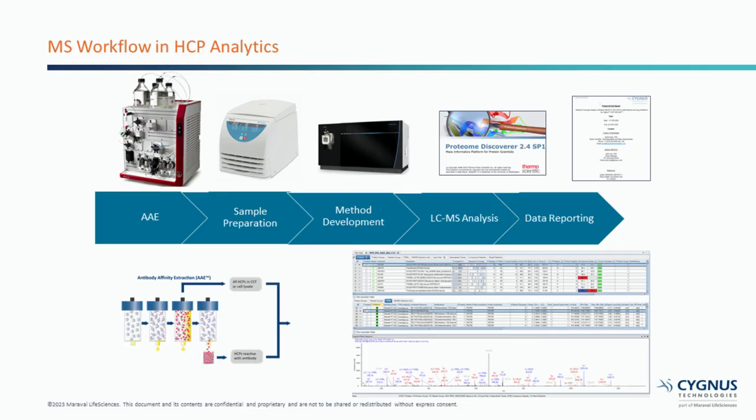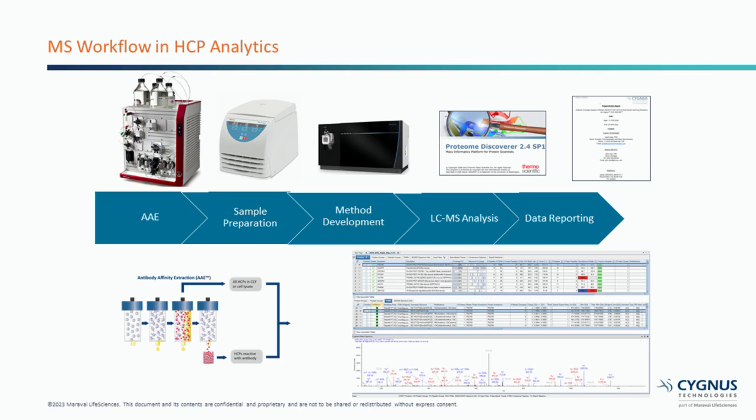In this slide, I show a typical workflow of MS-based HCP analytics. The instrumentation shown here is intended to be illustrative of the potential combinations that may be employed for HCP analytics. In general, samples are enriched for HCPs by AAE and then tryptic digested. Custom LC-MS methods are developed for the specific host cell line, drug substance, sample matrix, and purification process.